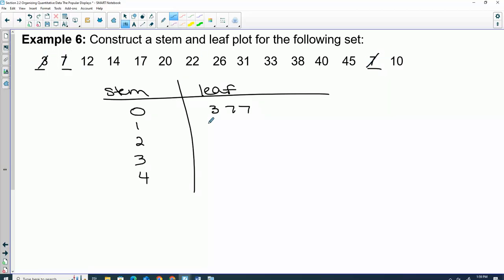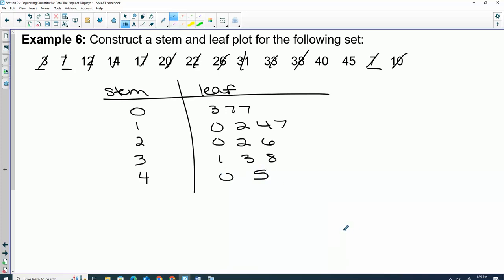Okay, the ones that have a 1, so my first would be 0, 2, 4, 7. Okay, the 2s. 0, 2, 6. The 3s, 1, 3. And my 4s, 0, 5.